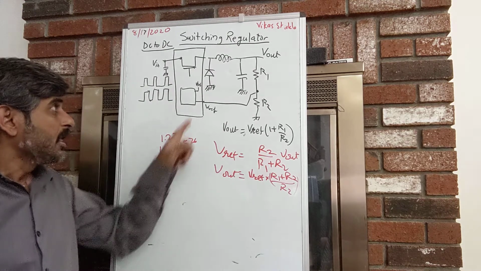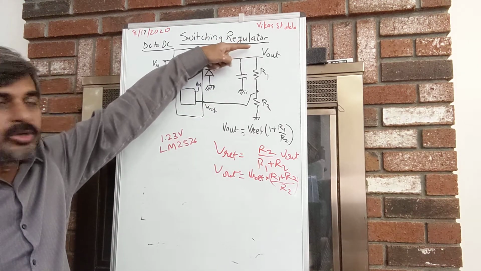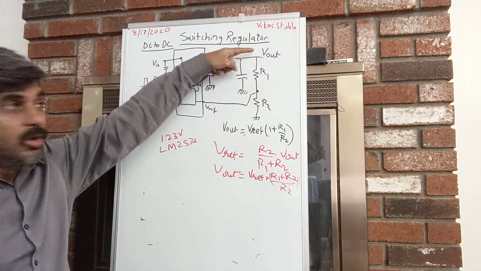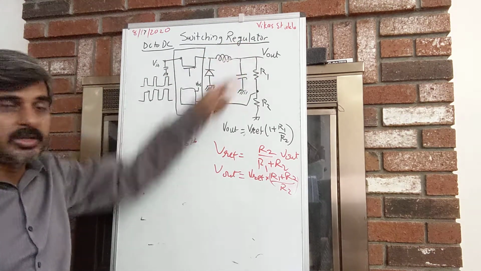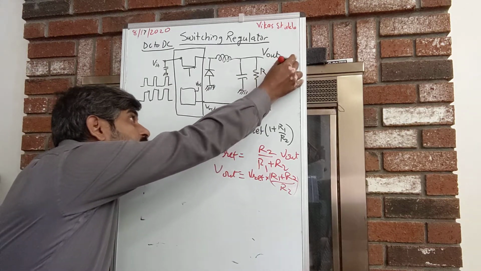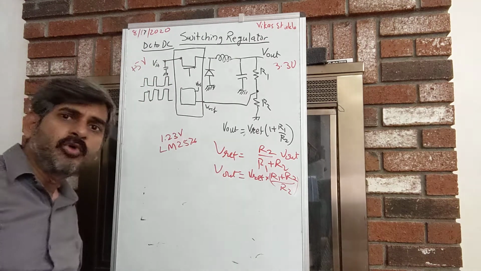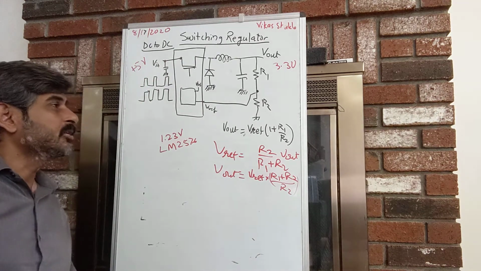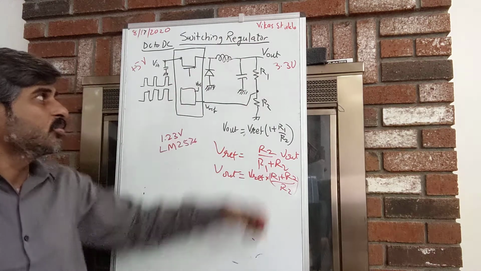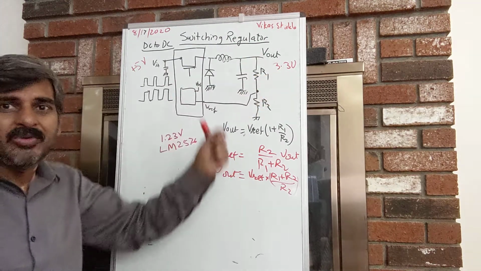Now, let's say we want to set the output to something like 3.3 volts, and the input is, let's say, plus 5 volts. For some reason, whether temperature or the output getting loaded more, this voltage drops down a little bit.